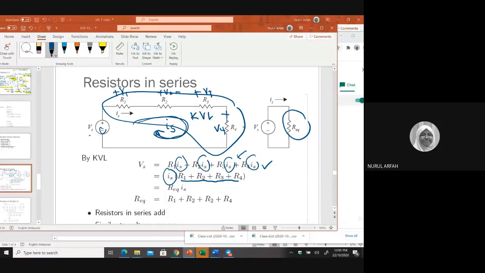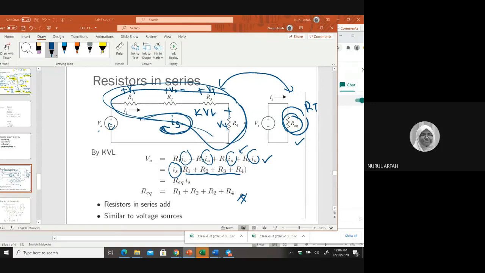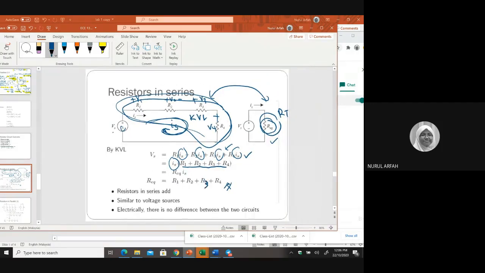Basically both are the same circuit. Only that this equivalent is our total. Total means you can add everything here to one side: R1 plus R2 plus R3 plus R4. So in series configuration, you can add resistors, and you can also add voltage sources.